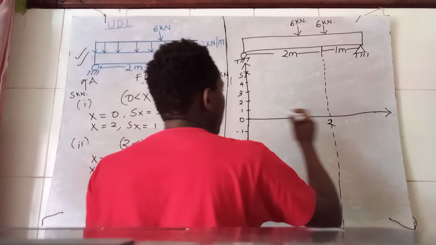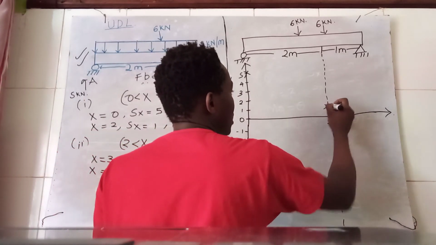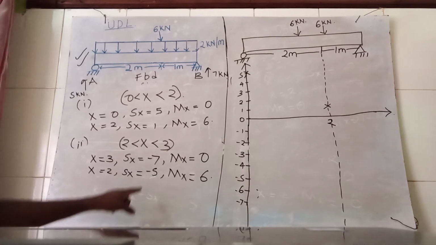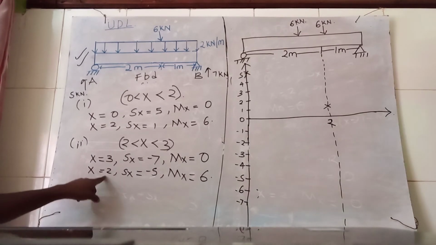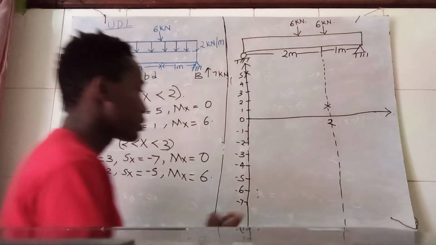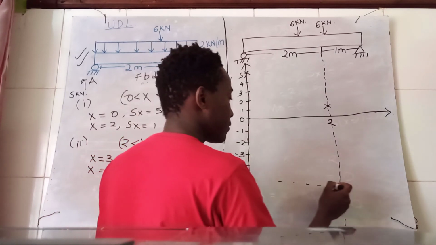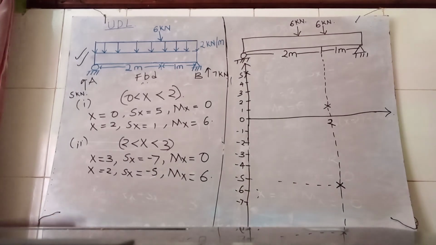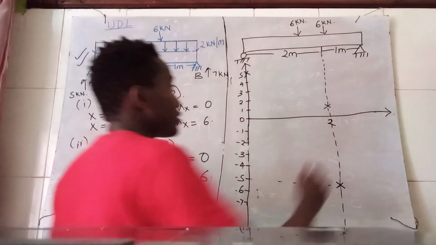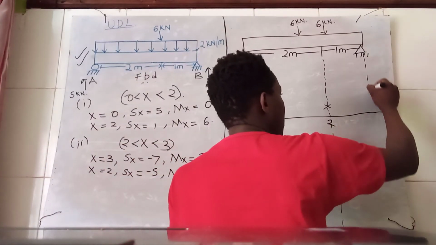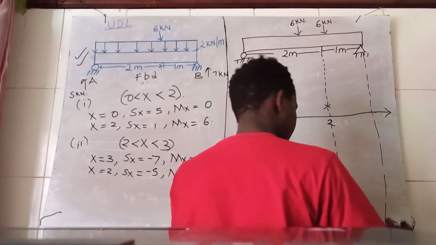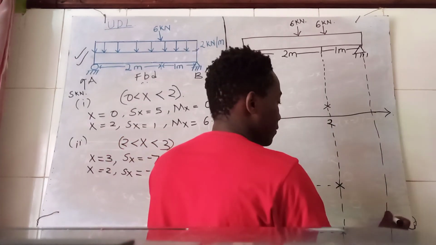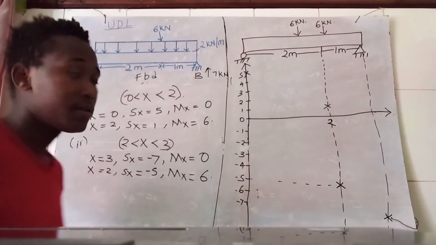At point 2, Sx has a value of 1. Then in the other one, at x equals 2, Sx is negative 5. That point. Then at the point 3, Sx is negative 7. So this is my point 3, and it has a value of negative 7.